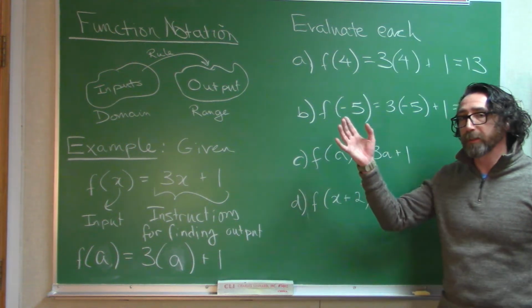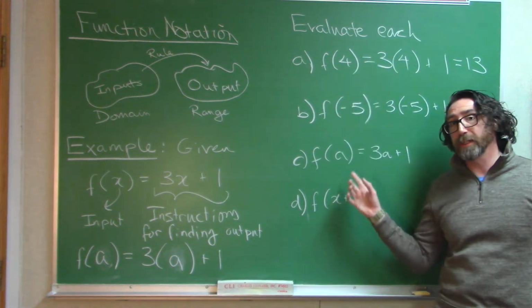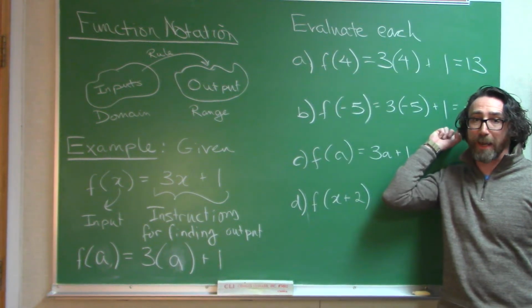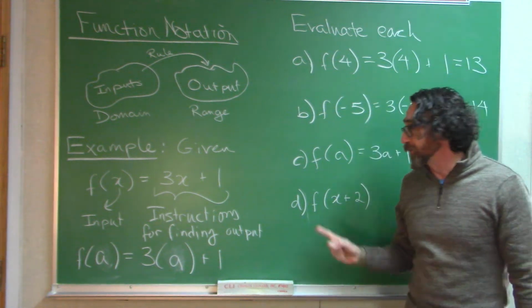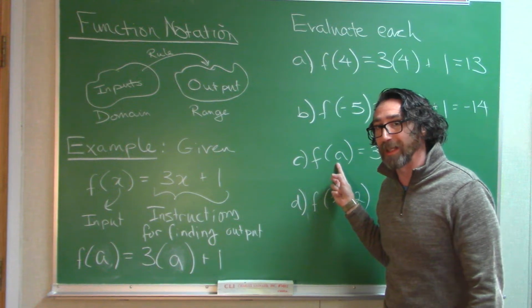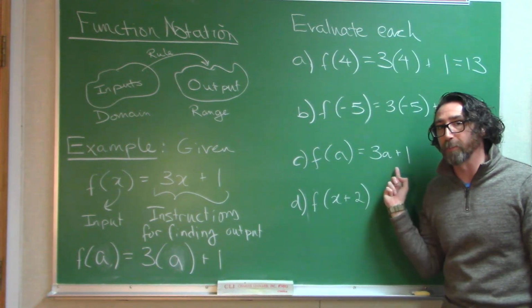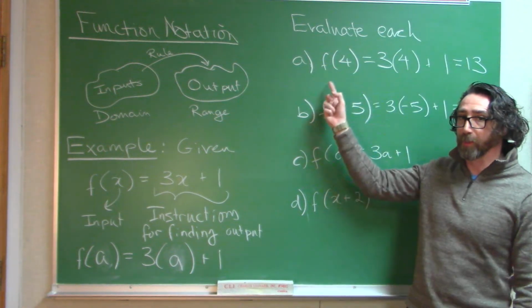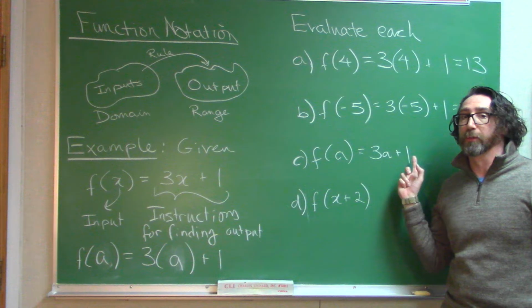So typically, when we're dealing with these functions, if we use a numerical input, we're going to get a number for our output. Number goes in, number comes out. If we use an expression that has variables as the input, then we're going to get something that has variables as the output. So number goes in, number comes out. Variable goes in, something with variables is going to come out.